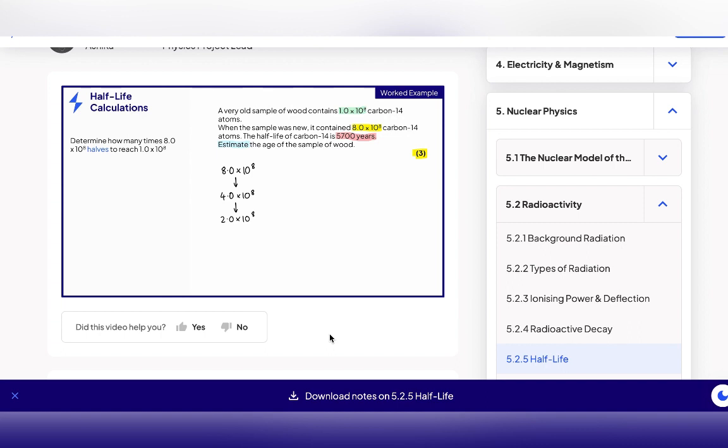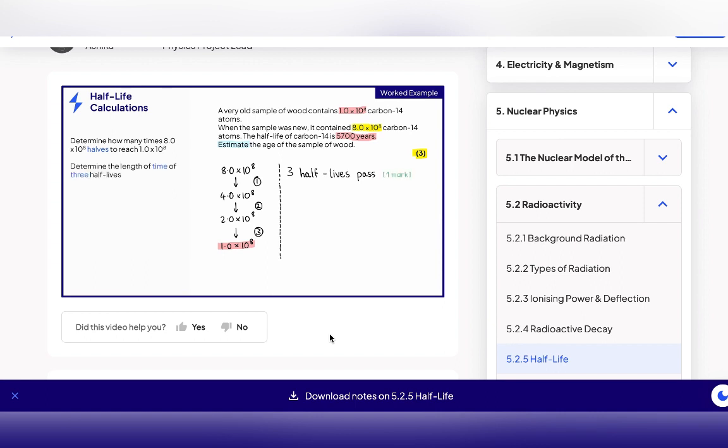This is still not our final number of nuclei, so let's halve one more time. Now, we've reached our final number of active nuclei from the question, 1.0 times 10 to the 8. We have halved the number of carbon-14 atoms 3 times. This means that 3 half-lives have passed, which is the first mark.